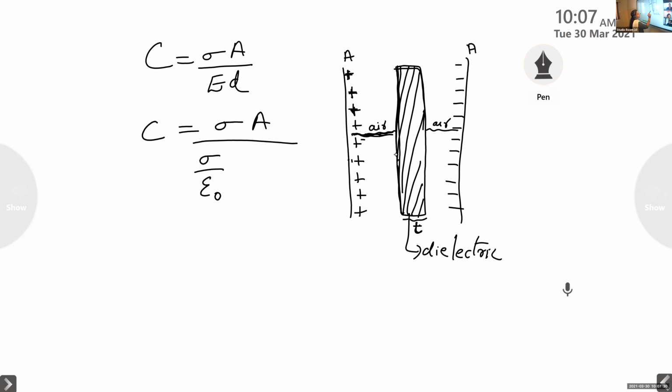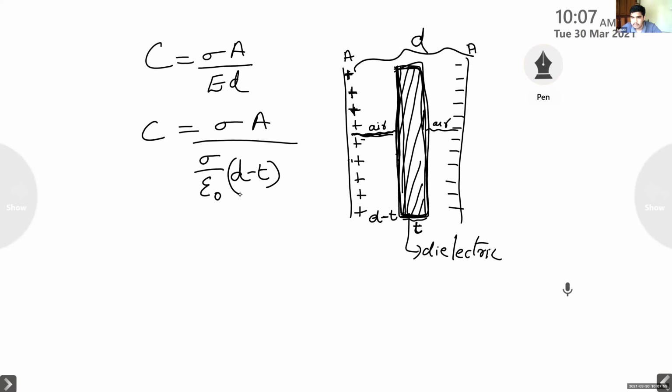We can take the distance as D minus T because this much portion, the thickness T, is covered with the dielectric. So if we consider the entire distance as D, with the thickness of the dielectric T, the distance of separation through air is given by D minus T. Okay.